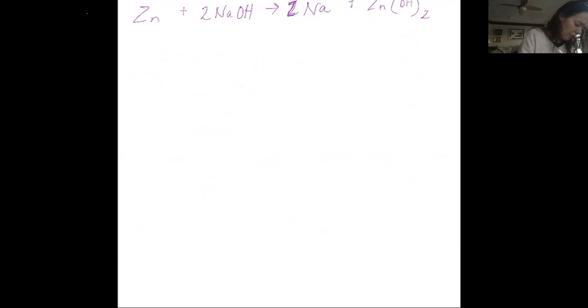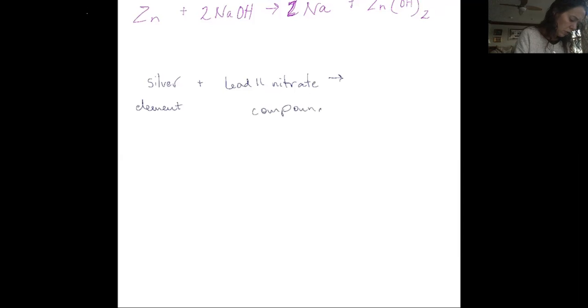Okay? Let's look at another single replacement. Let's say that we've got, I don't know, silver plus lead II nitrate, right? Well, we see an element and a compound. So we know that's single replacement.